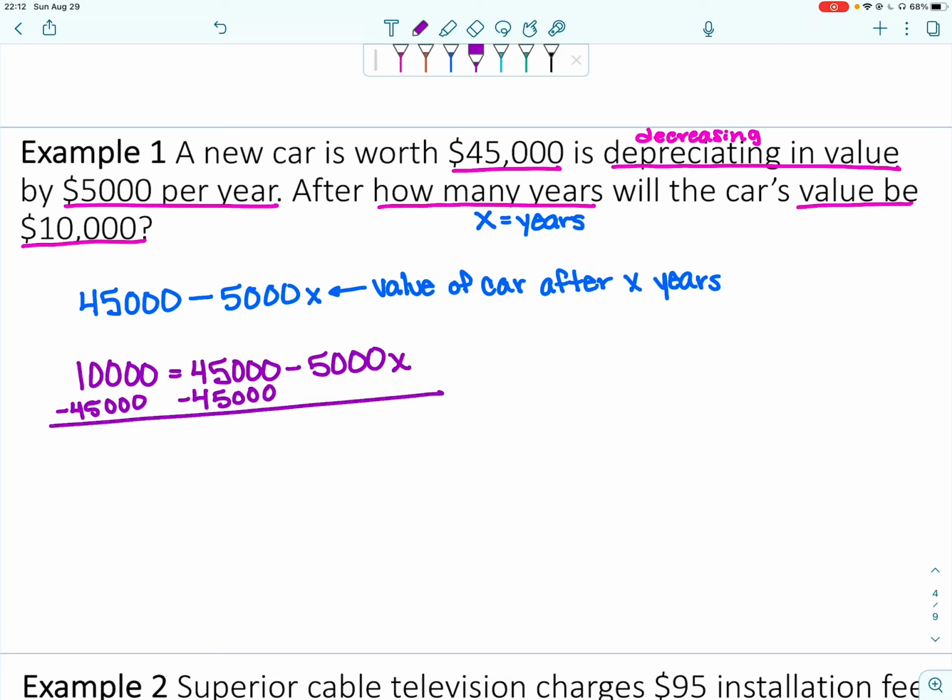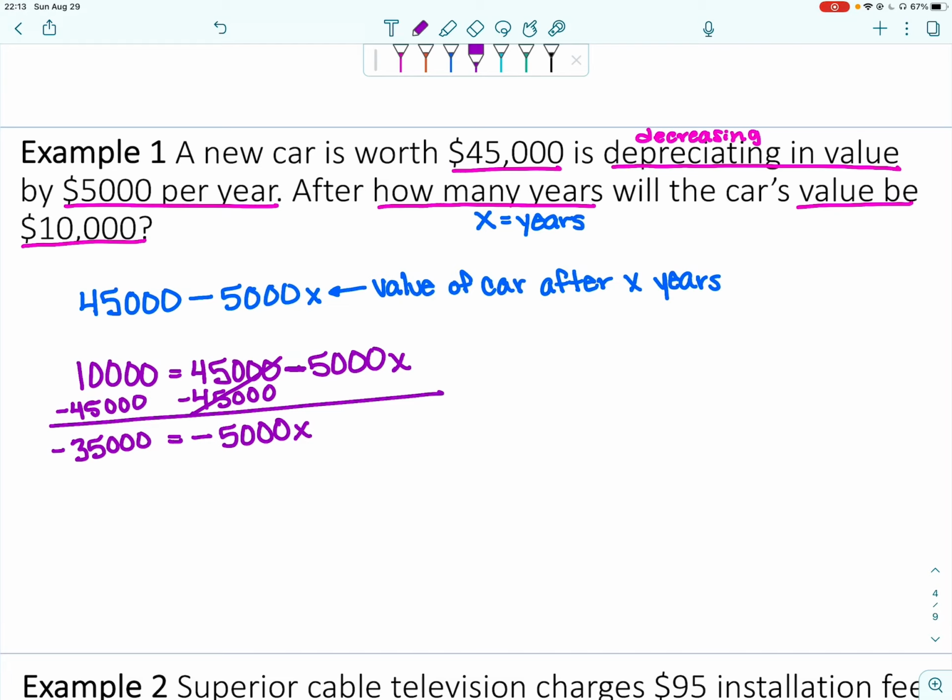That way I get all of the constants on one side and all of the variable terms on the other. So this becomes negative 35,000 equals negative 5,000x. Don't forget we had this subtraction here, so we still have to bring down the minus sign.